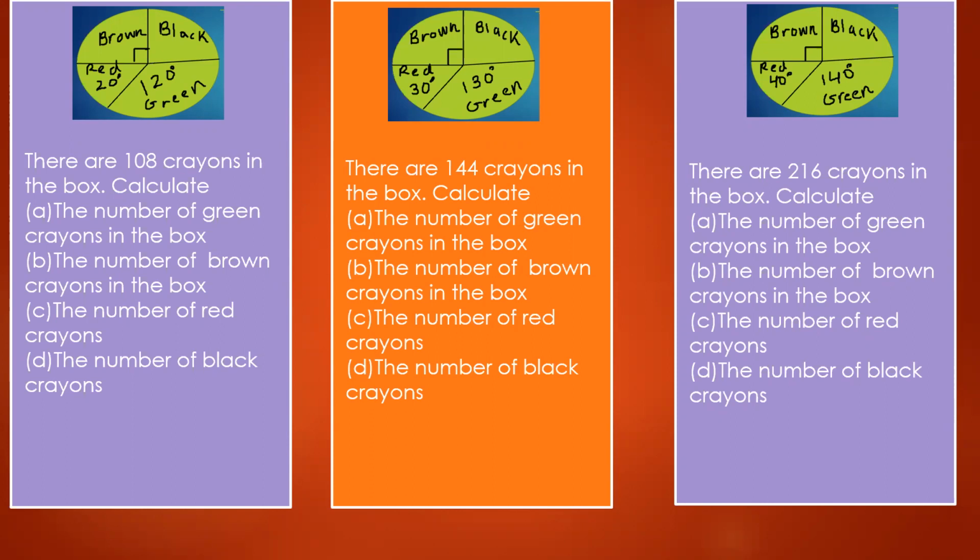Azaria, what number you on? 3B. Do you understand what to do? Yes, sir. Okay. Aiden, what number you on? 2C. Do you understand what to do? Yes, sir. That's good.